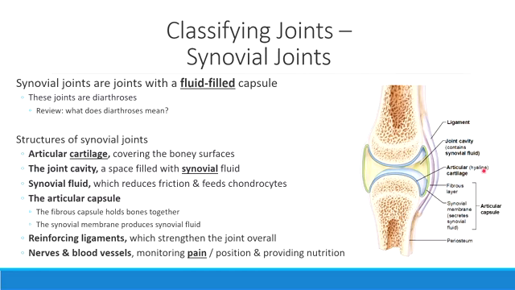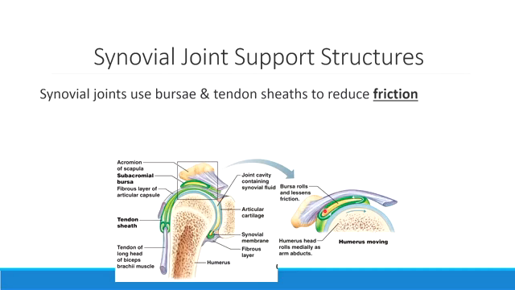That's what my capsules and my membranes do. When I talk about really major joints where I do a lot of movements, so for example, we're looking at the shoulder joint right now, we'll also see structures like bursa or tendon sheaths that are going to help when all these movements are happening for there to be less friction.